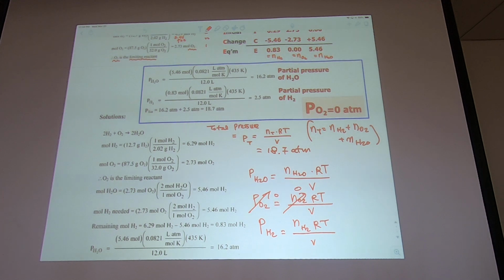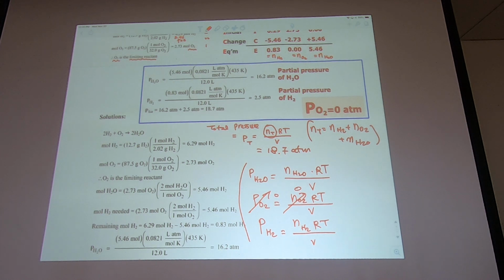This seemingly very simple equation has a lot of implications, because whatever collision a gas molecule makes with the wall to create the pressure, one hydrogen bouncing, one oxygen bouncing, one water molecule bouncing, is counted equally.